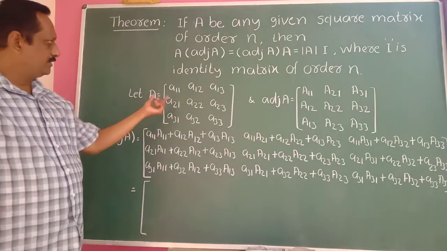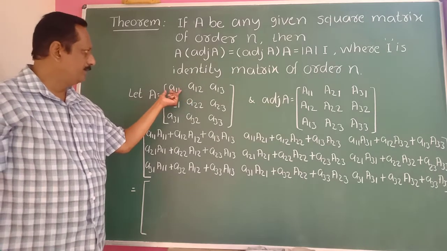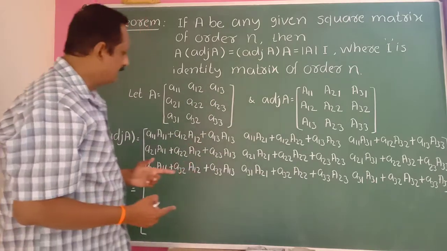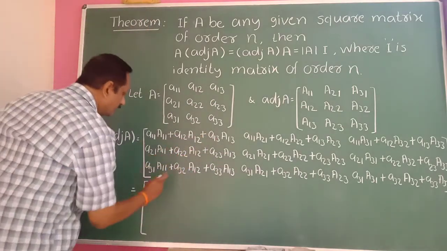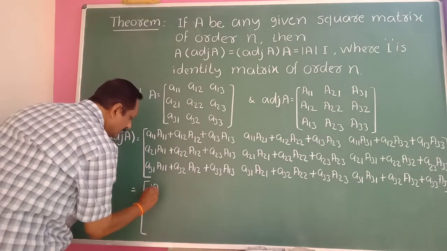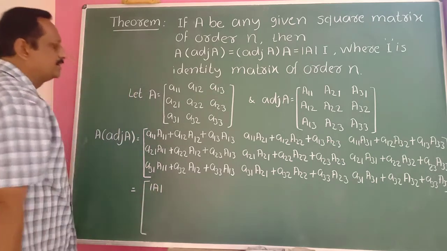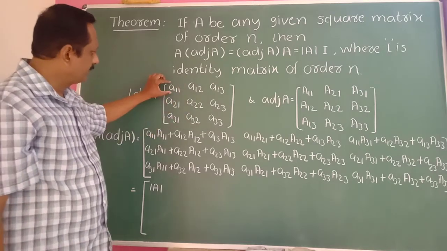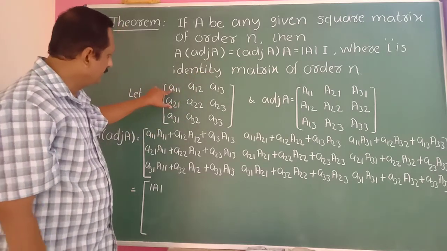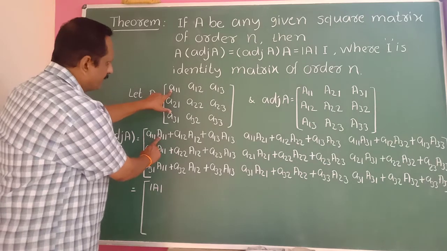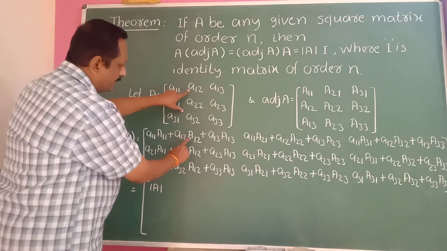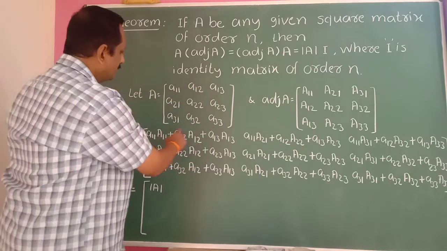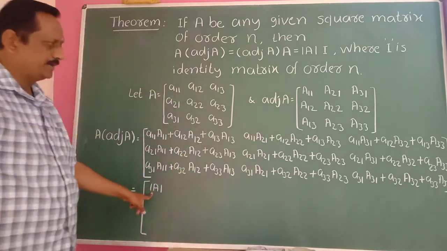Therefore, if you choose any row and multiply those elements with their corresponding cofactors, the sum is always equal to the determinant of A. This holds for any row or any column. Here I am taking row 1: A11 and its cofactor A11, A12 and its cofactor A12, A13 and its cofactor A13, and the sum is always the determinant.